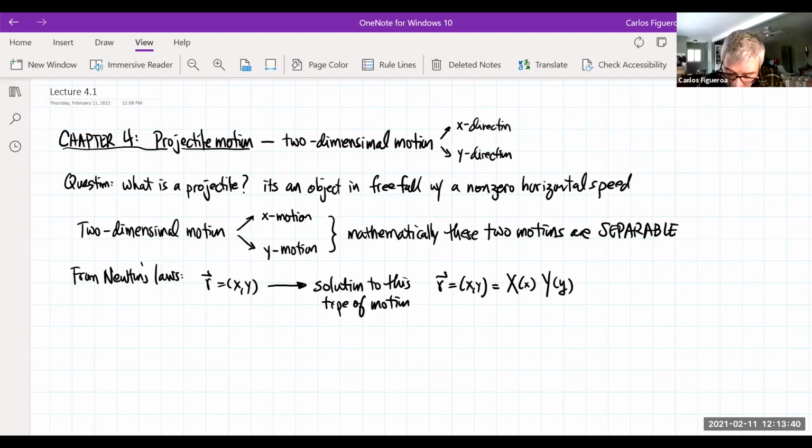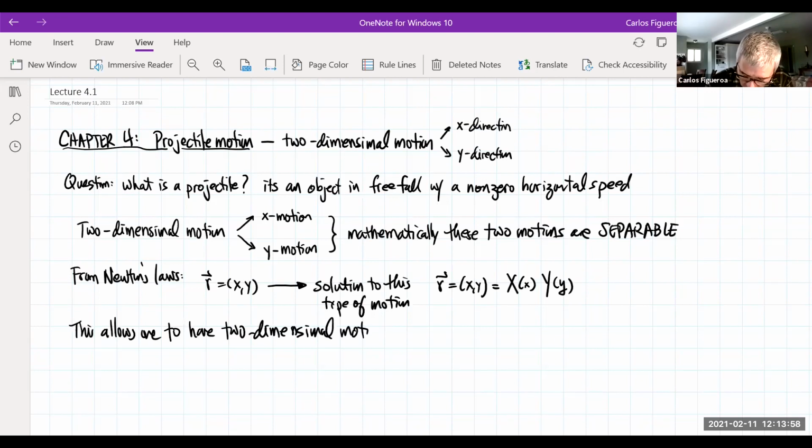So in other words, this allows one to treat two-dimensional motion as two one-dimensional problems.